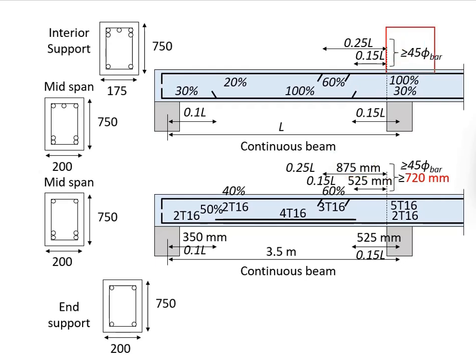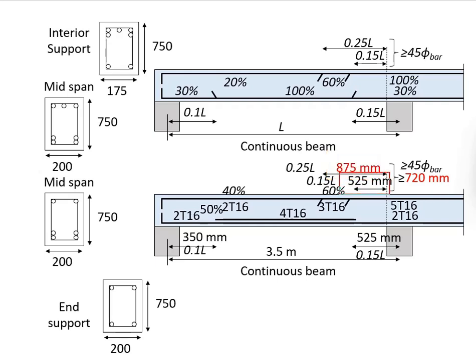Based on the requirements here, both these lengths will have to be at least greater than 45 times the bar diameter. 45 times the bar diameter here is equal to 720 mm. This 720 mm is slightly bigger than this one, but lesser than this. Therefore, you can stick with this at 875 mm.